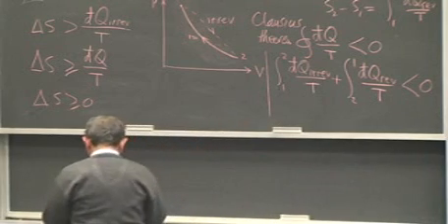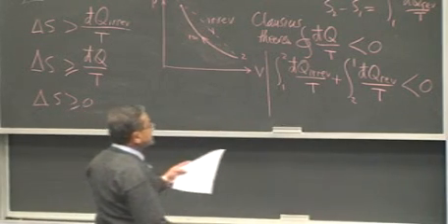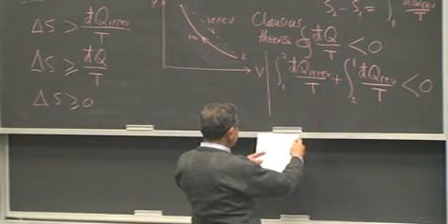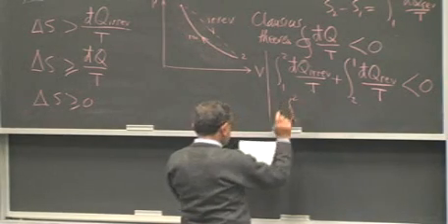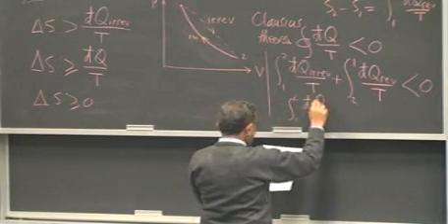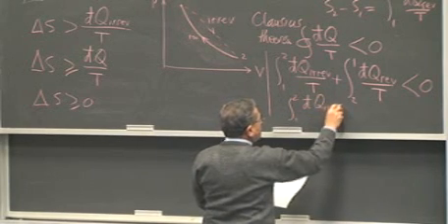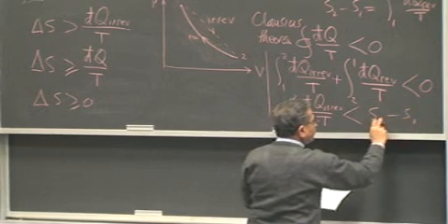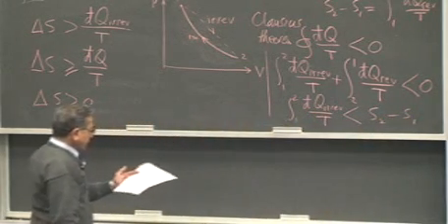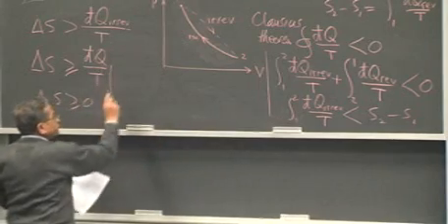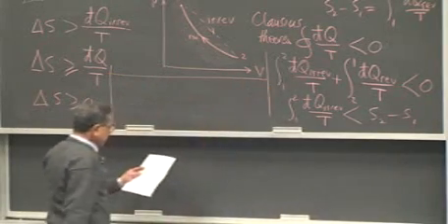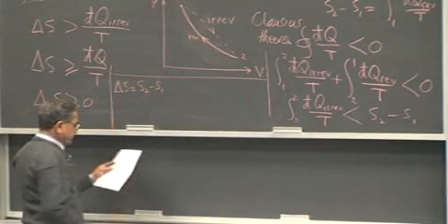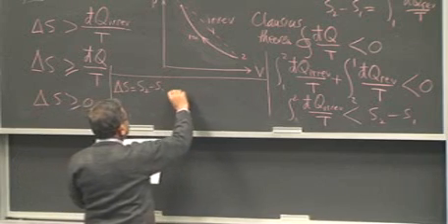So from here, I can immediately see that the integral from 1 to 2 of dq irreversible by T is less than S2 minus S1. And therefore, I am writing the conclusion that delta S, which I write as S2 minus S1, has two values.